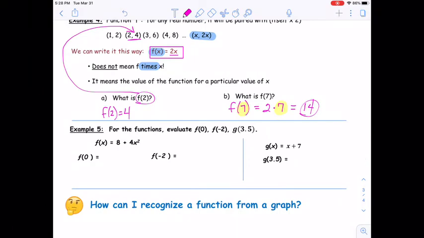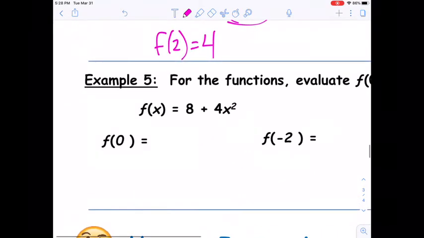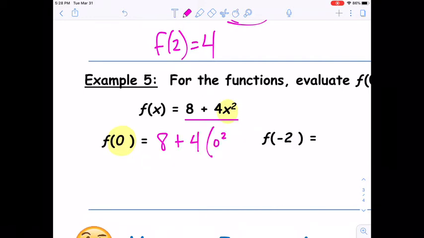Example 5. We want to find f of 0. So I see the rule, f of x equals 8 plus 4x squared. The 0 is my input. That means 0 is going to go in for that x. So I'm going to write it out as 8 plus 4 times 0 squared.